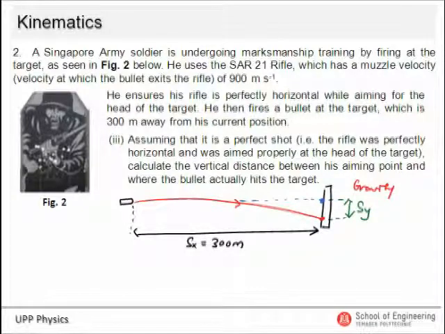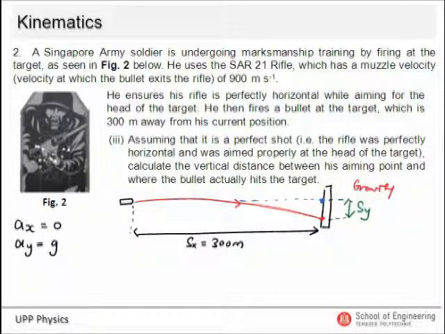So this is two-dimension kinematics. Now, since we already mentioned there is no acceleration in the horizontal direction, vertically there is acceleration due to gravity, we will use the equations of kinematics in the vertical direction to solve for this vertical distance.